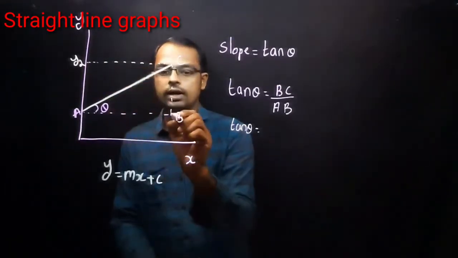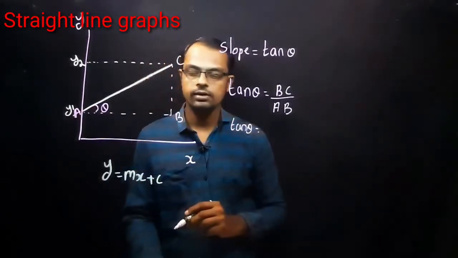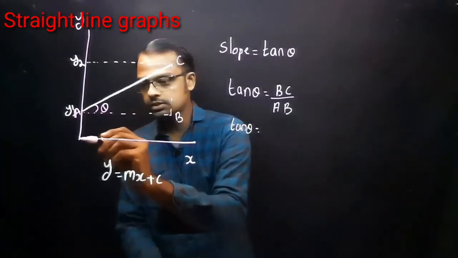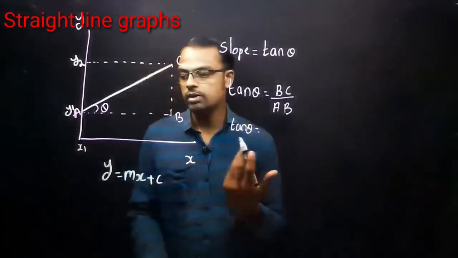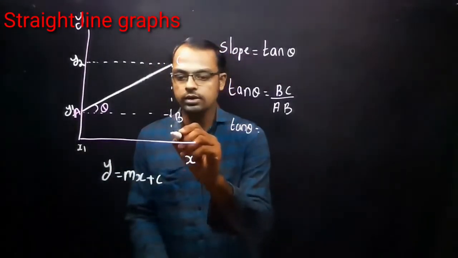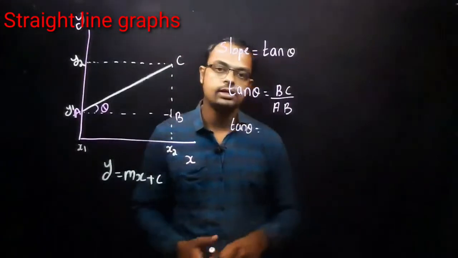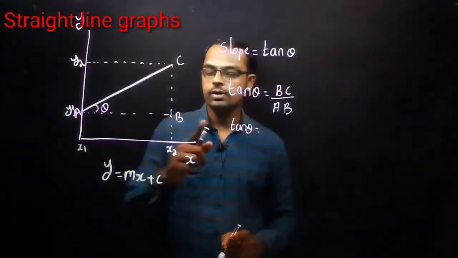If I am marking here, this is y2 and this is y1. Along the x-axis, where A reaches, this is maybe 0. I am marking it as x1, so x1 may be 0, and this point I am marking as x2. What does the tan theta equation become? Tan theta is equal to BC divided by AB.